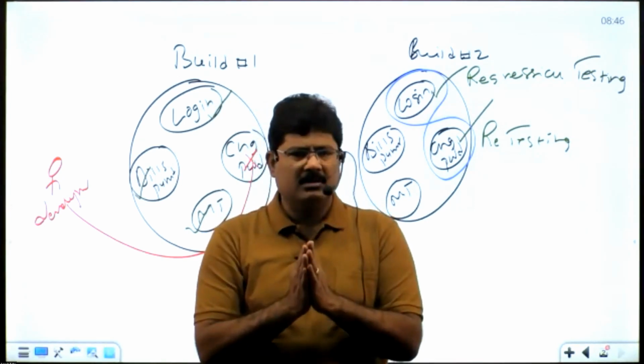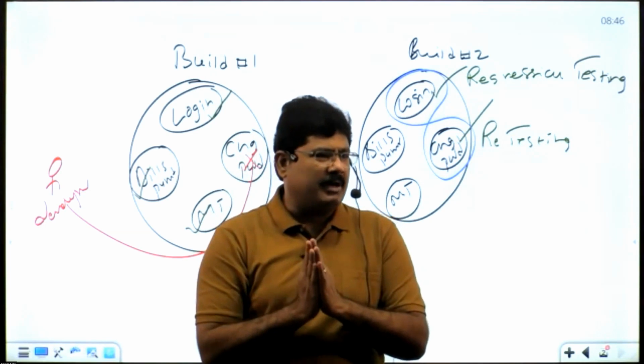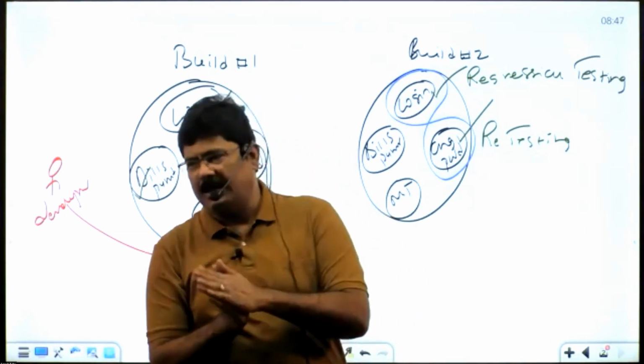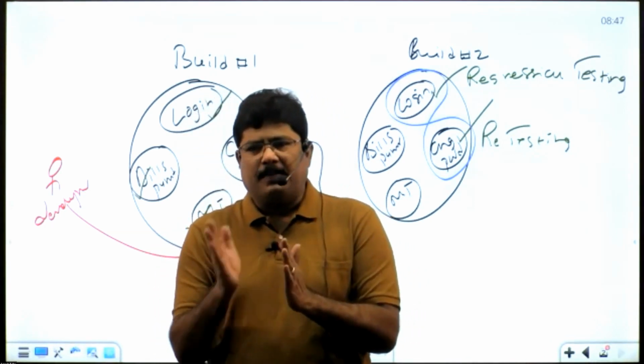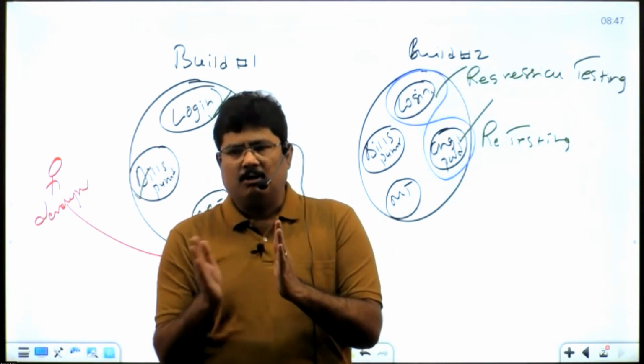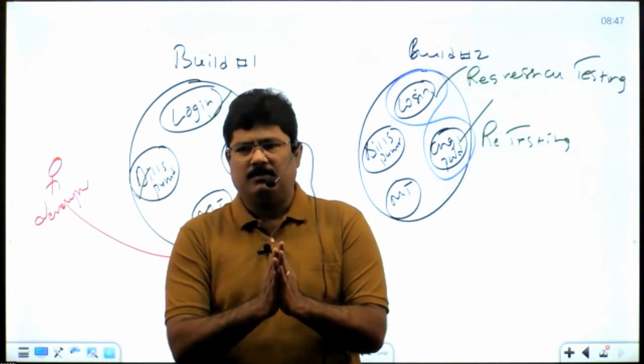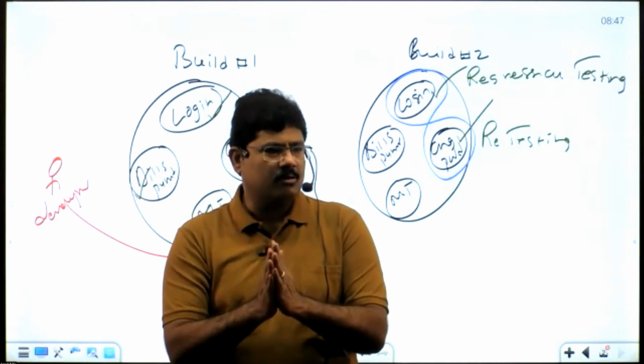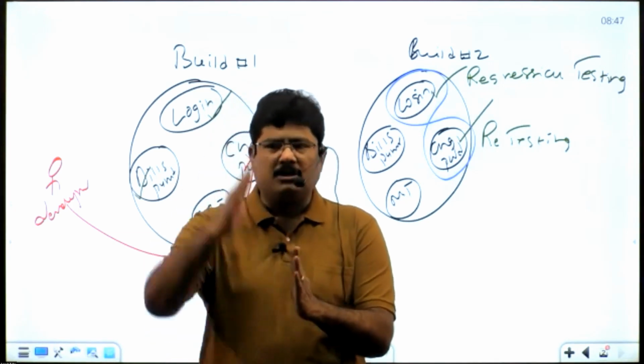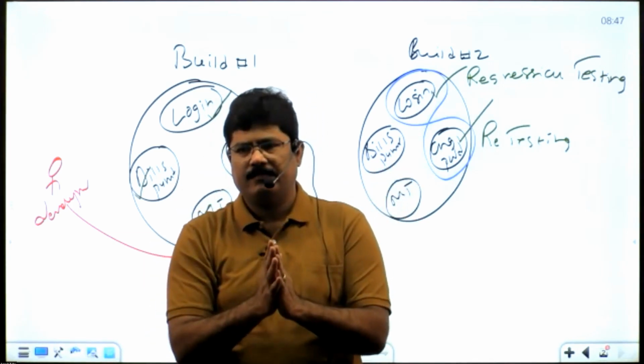In this scenario, in the first version, change password is not working. We reported it. The developer resolved the problem at change password. To resolve it, the programmer made some code changes. These code changes may introduce side effects.